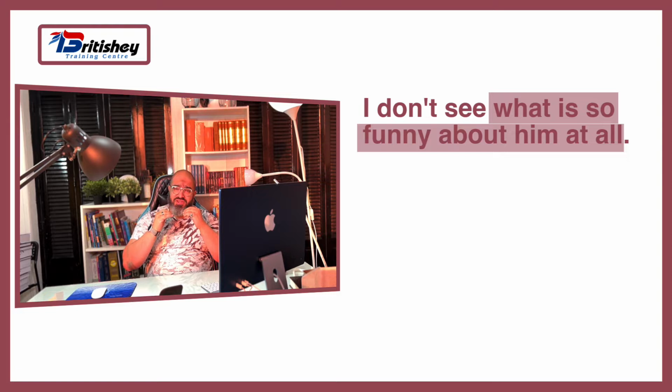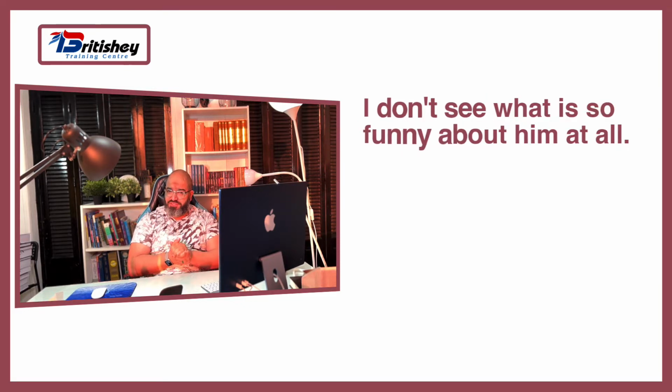When you look inside this, what do you see? You see what. What is a connector and a subject at the same time. And that's why it is followed directly by a verb, which is is. So what is the connector and the subject, and we have is, that's the verb.